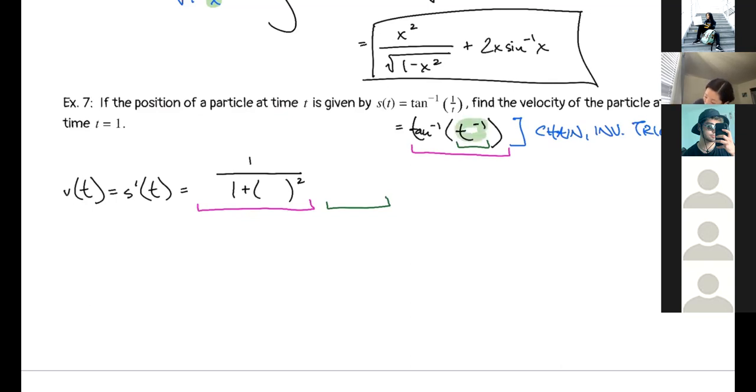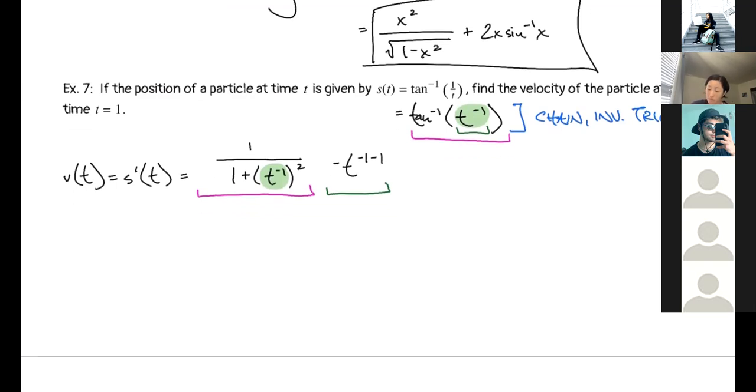One over t, exactly, because this should be the same thing as this. Okay. Times the derivative of the inner function, we get negative t to the -1 minus 1.